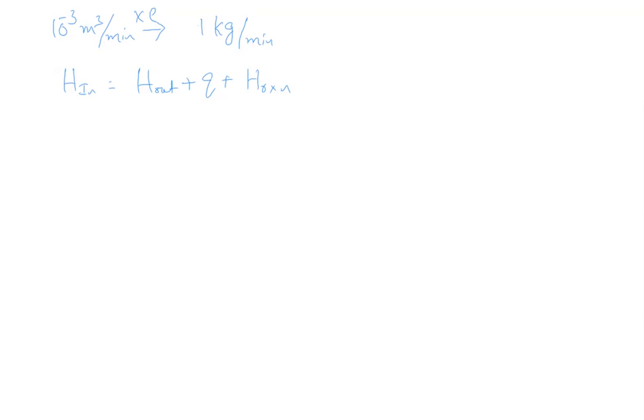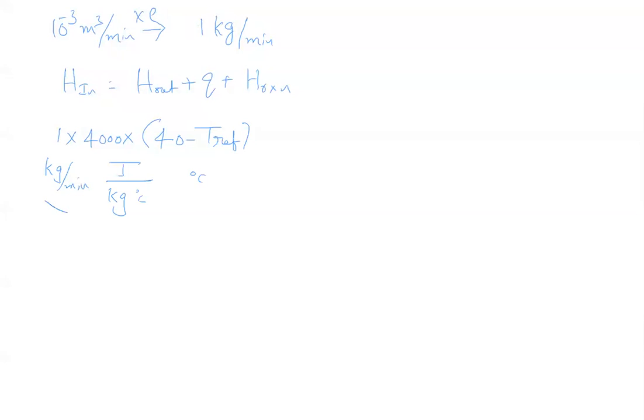What is heat in? m Cp delta T: 1 into Cp, which is 4 joule per gram degree centigrade. So convert to joule per kg: 4000 into reactor temperature 40 minus T reference. Clear? So this is kg per minute, this is joule per kg degree centigrade, this is degree centigrade.